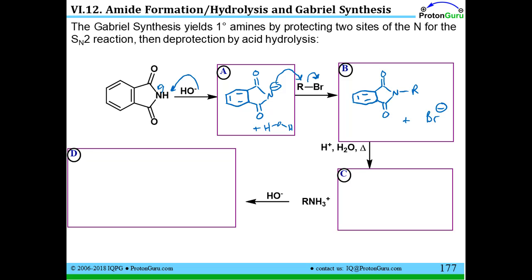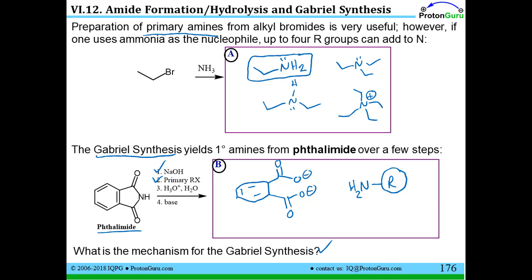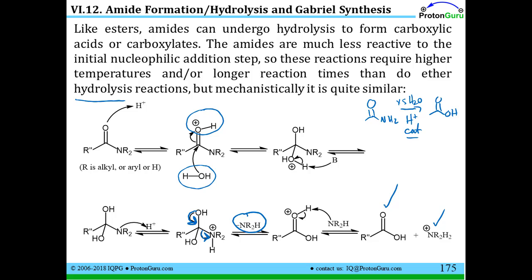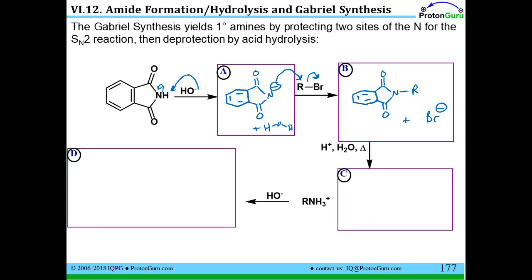So let's look back at our Gabriel synthesis steps. We've done the first 2 steps. Our next step is to add water and acid. Well, we just learned that if I add water and acid to an amide, I will get eventually to the carboxylic acid and the ammonium salt. Here, this phthalimide-derived species actually has 2 bonds from a nitrogen to a carbonyl, so it's kind of like a double amide.